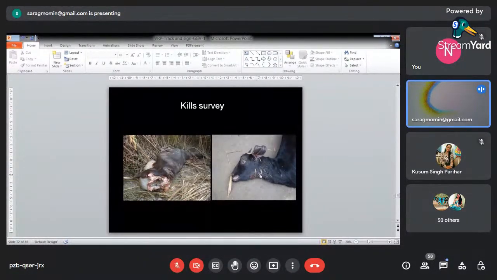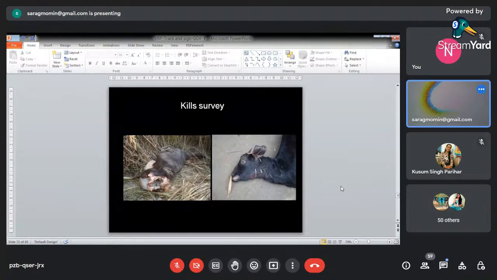Under extreme situations, if there is an acute shortage of food inside the jungle, then by chance a tiger may kill a goat inside the forest area. You know, there is a proverb: the tiger will die hungry but will not eat grass.